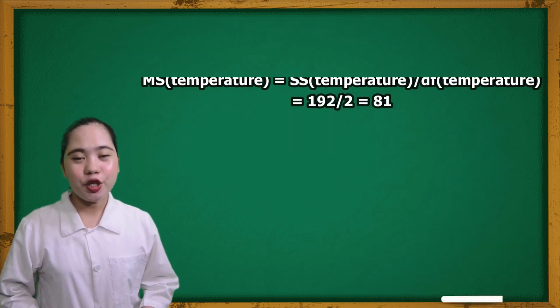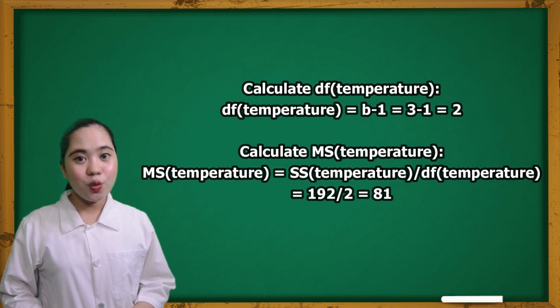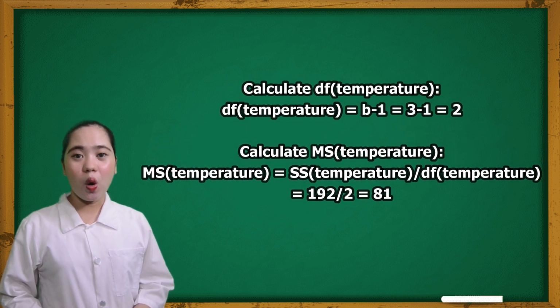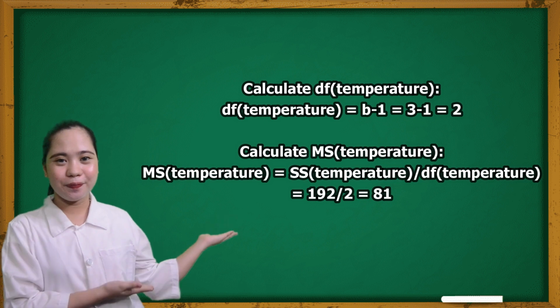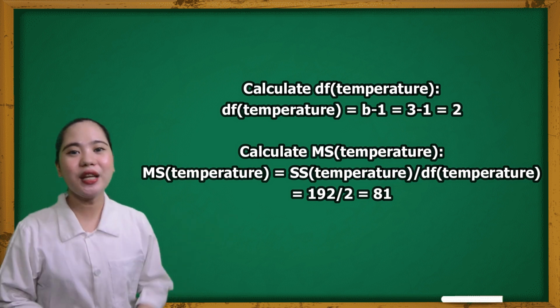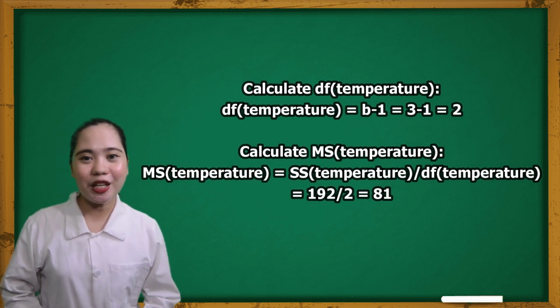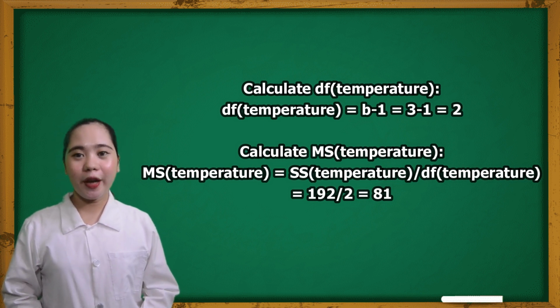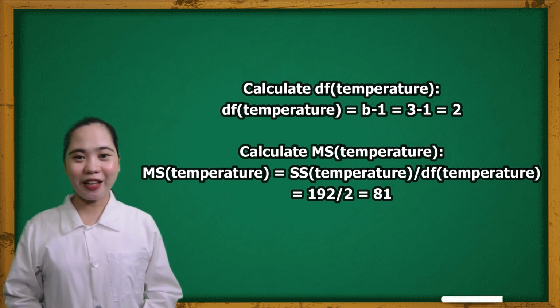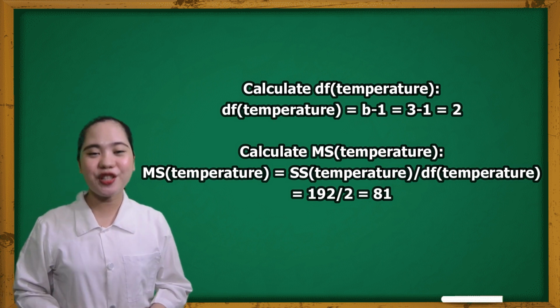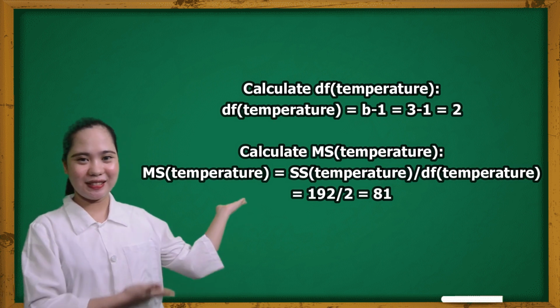Calculate DF temperature, which is equal to B minus 1 equals 3 minus 1, and the answer is 2. Calculate MS temperature, which is equal to SS temperature divided by DF temperature equals 192 divided by 2, and the answer is 96.